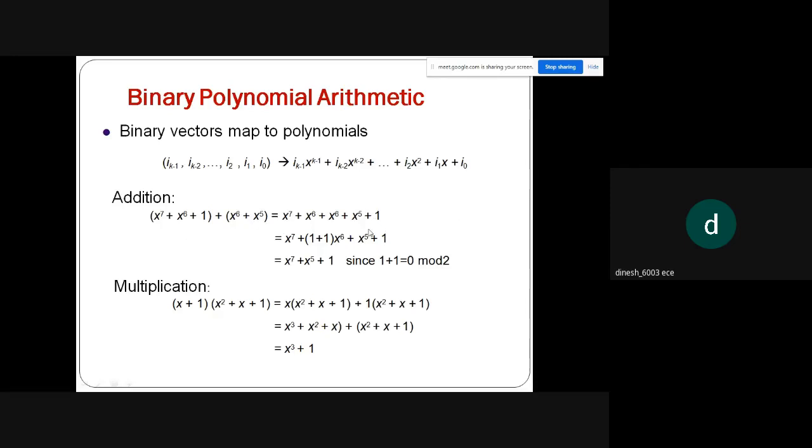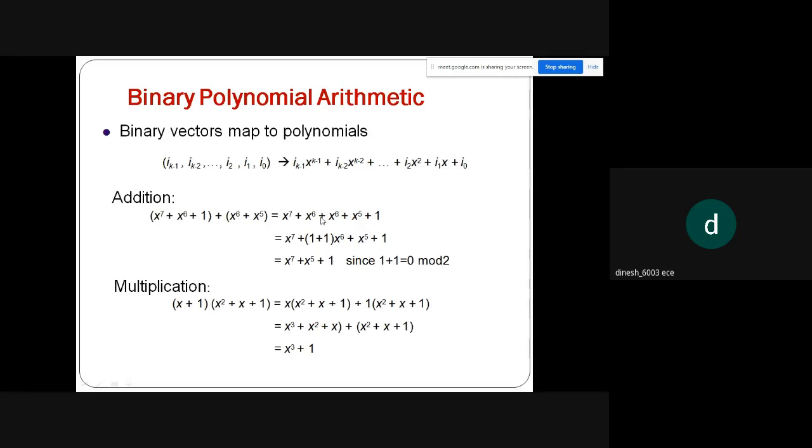What is the procedure for adding? We need to use modulo 2 addition. Write x power 7, x power 6, the remaining terms, and plus 1 at last, in descending order of power. So keep the largest first, then the next. These two are the same, so keep them, and next x power 5, then x power 0, which is 1.